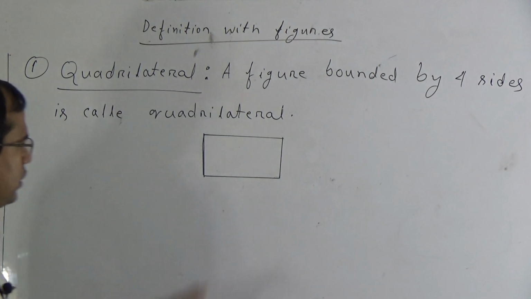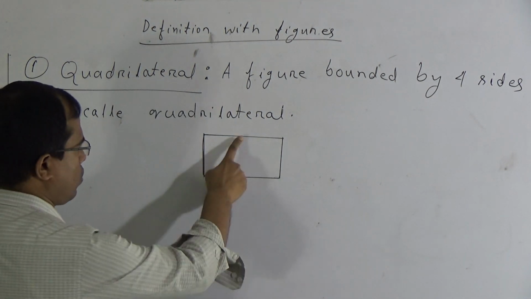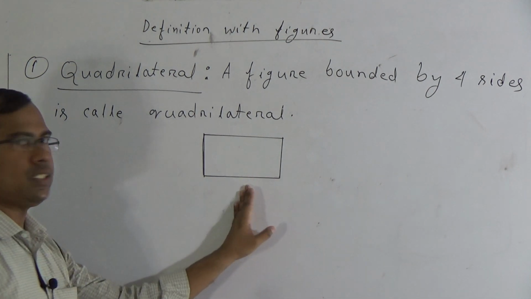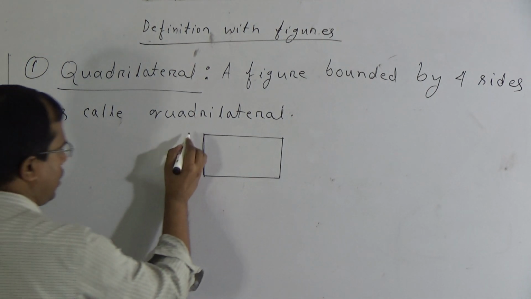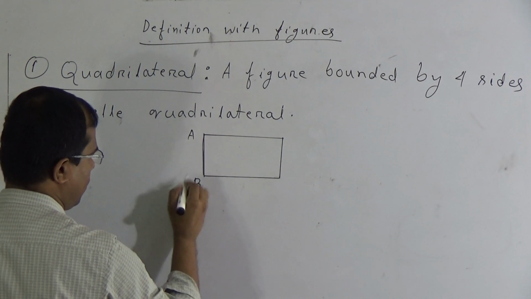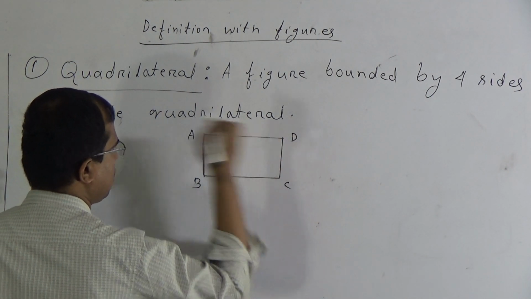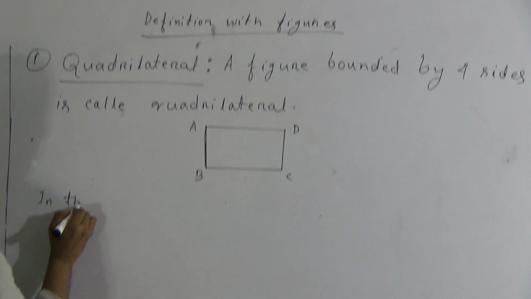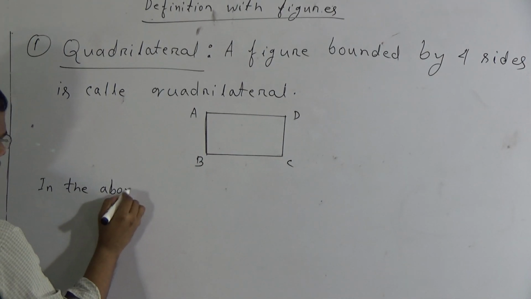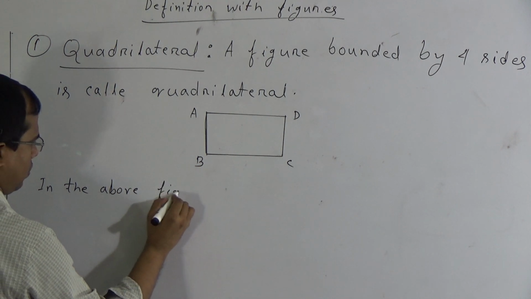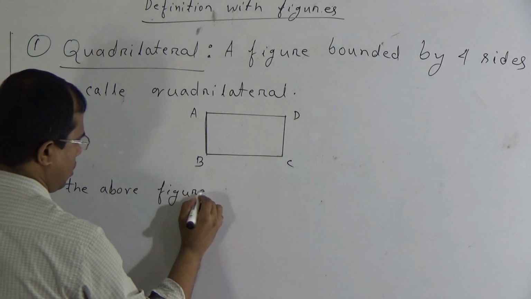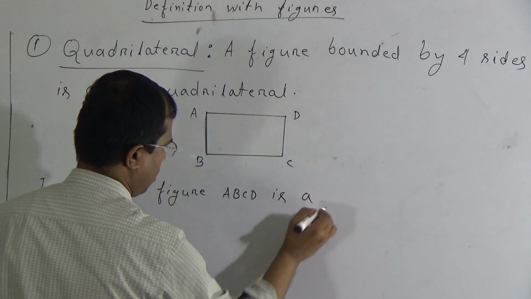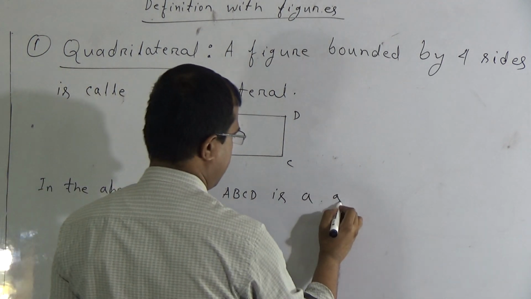Okay, dear students, this is a figure and it has four sides, 1, 2, 3, 4. Since it has four sides, we can say that it is a quadrilateral, and its name is ABCD. In the above figure, ABCD is a quadrilateral.